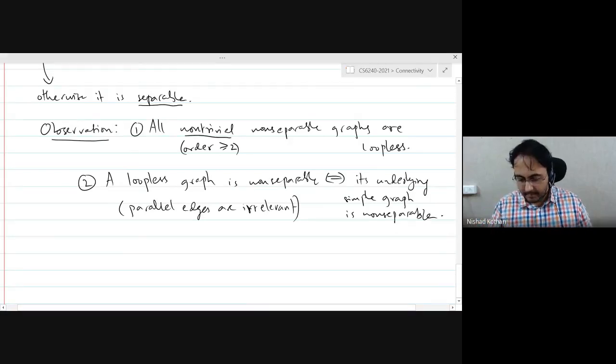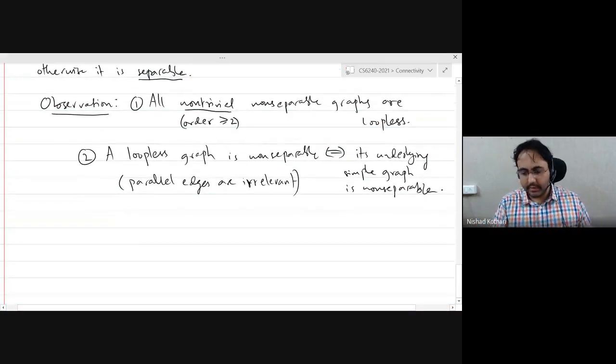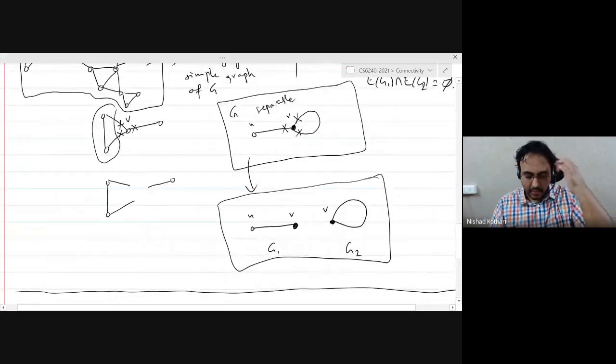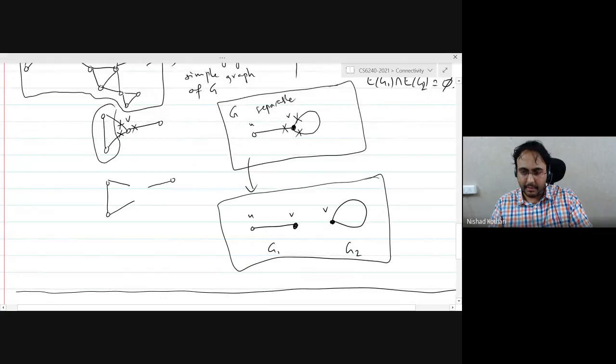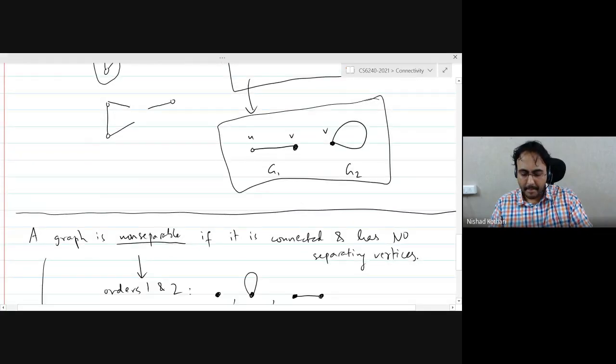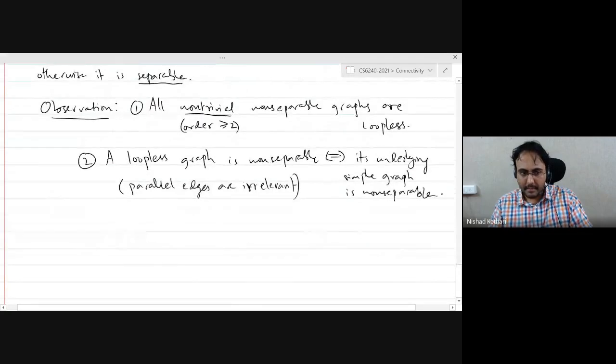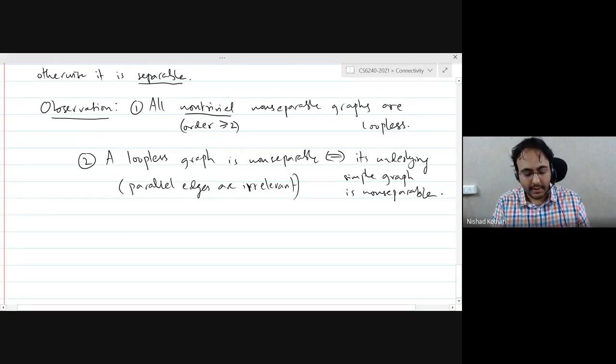All right. So are there any questions at this point regarding the definition of separating vertices, separable graphs, non-separable graphs, etc.? Of course, it will become more clear as we prove statements. But it's essentially a generalization of cut vertices to deal with graphs that have loops, so that all the theorems extend nicely for this family of graphs.